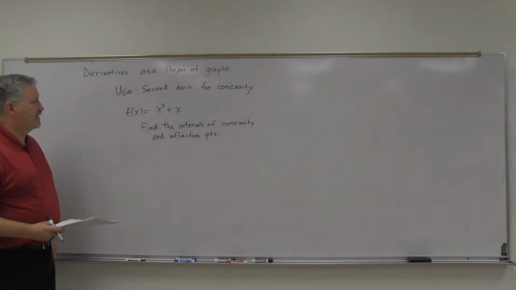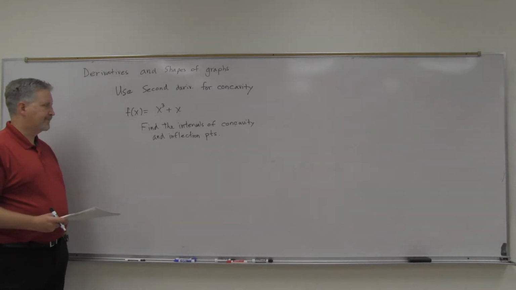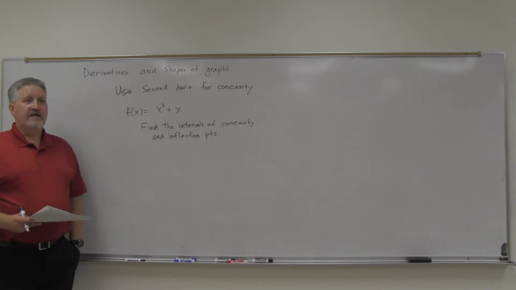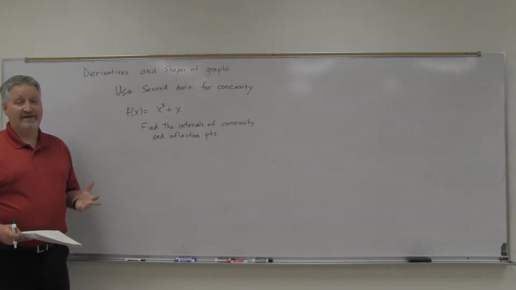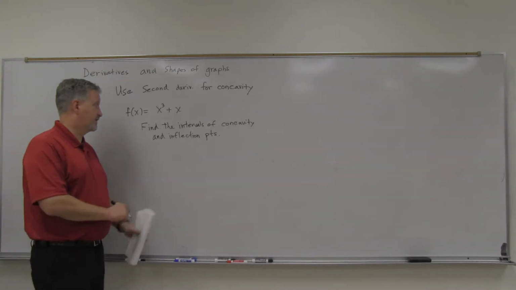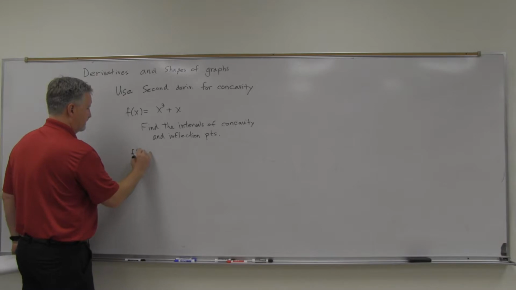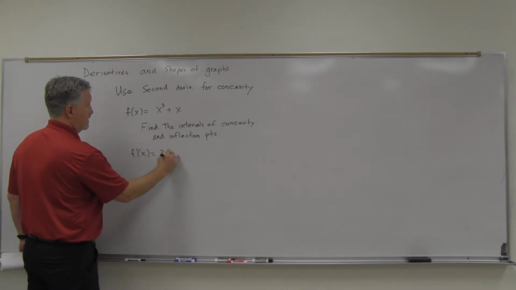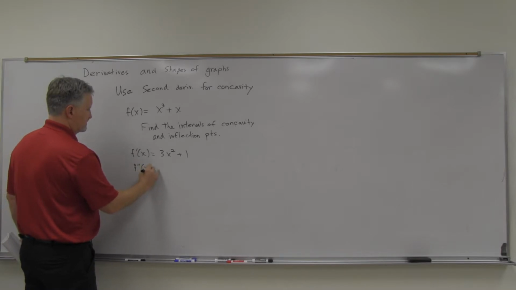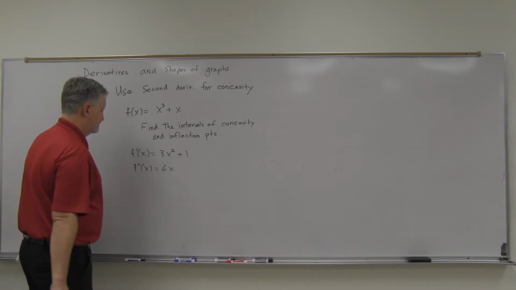All right, so intervals of concavity and inflection point. Like I said, it's going to be the second derivative. We're going to use the second derivative here, so let's start by finding it. The first derivative is 3x squared plus 1, and then the second derivative is 6x.